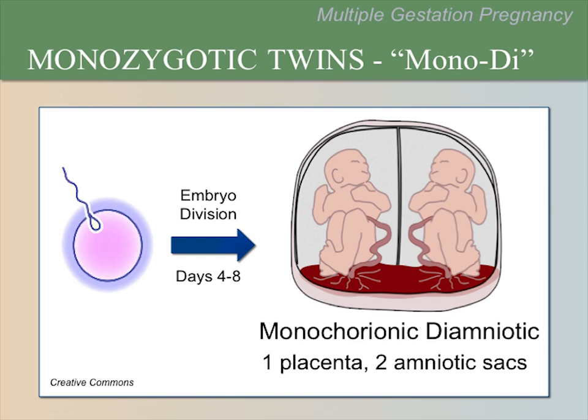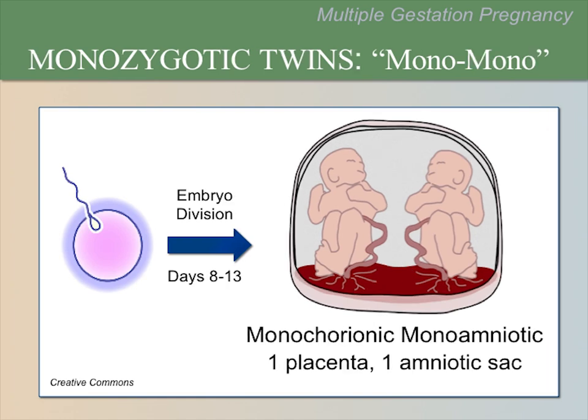Monochorionic means that there's only 1 placenta for both twins, and diamniotic means that there are 2 amniotic sacs. On ultrasound, you can sometimes see a very thin membrane separating the twins. This membrane will appear thinner than what is usually seen in di-di twin pregnancies.